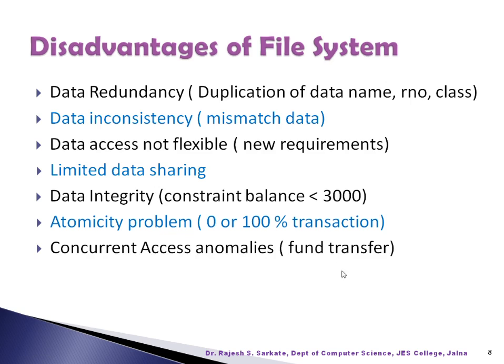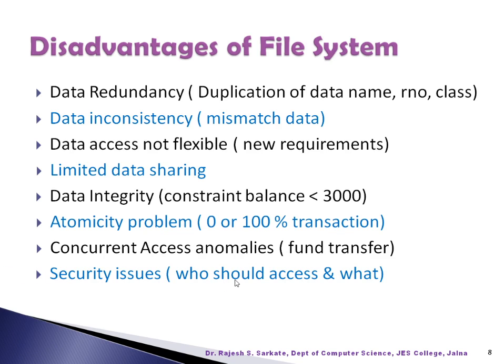Concurrent anomalies: if the same data is handled by multiple users at the same time, it creates problems, which are not handled properly by the traditional file system. Security issues: which user should access what type of data. Such restrictions were not present in the traditional file system. So I hope you understood the concept of the traditional file system.